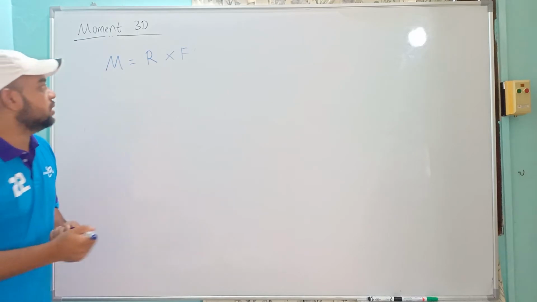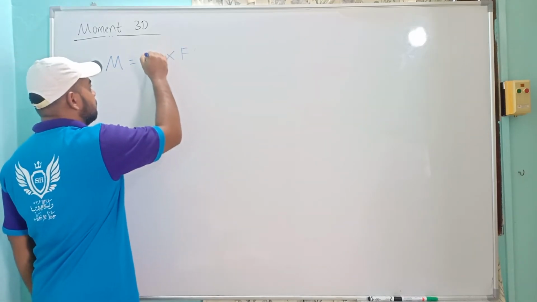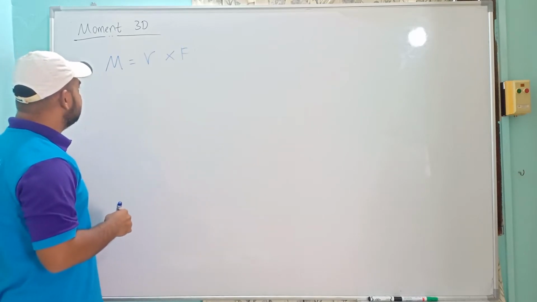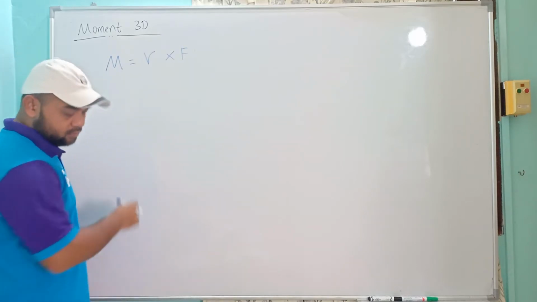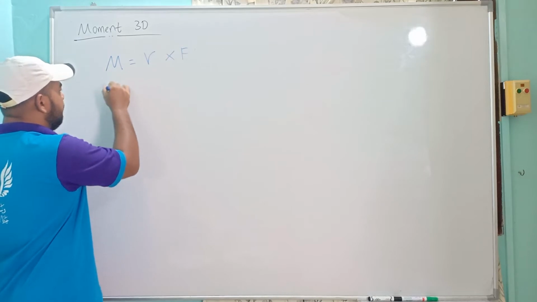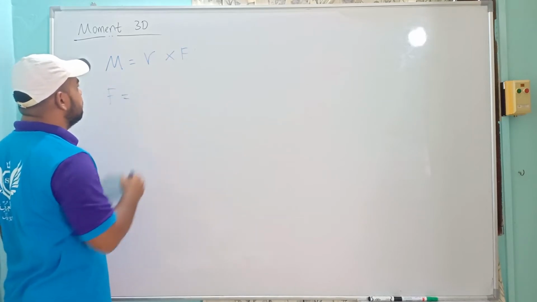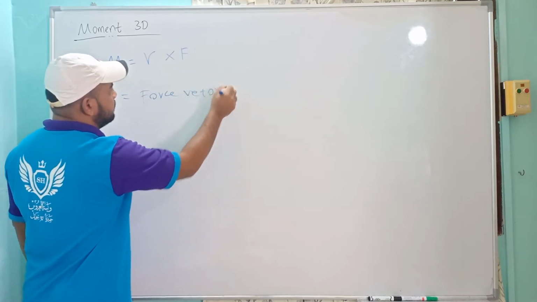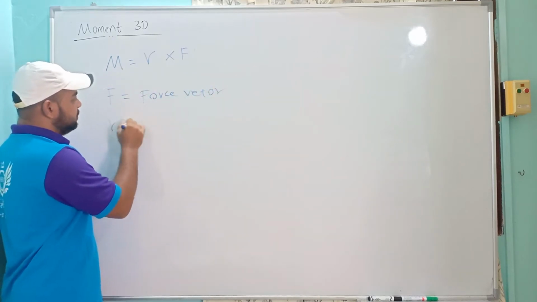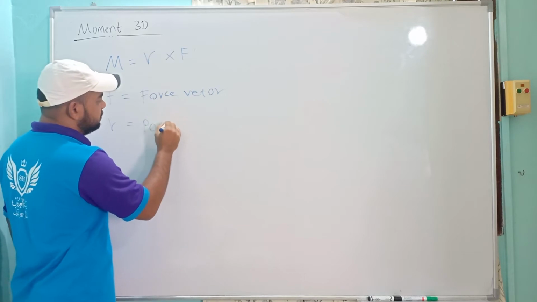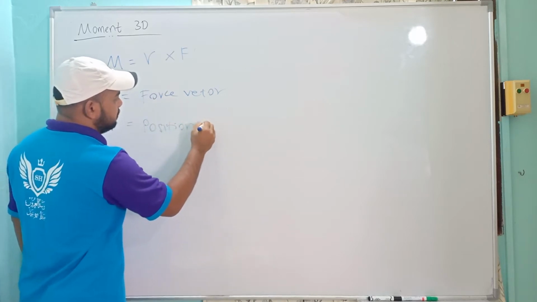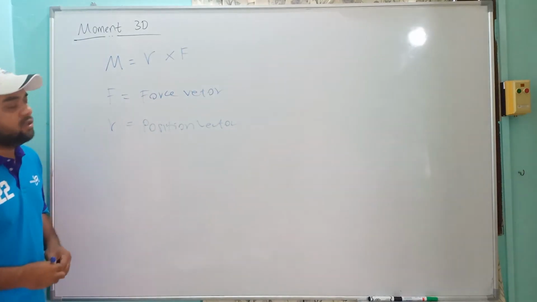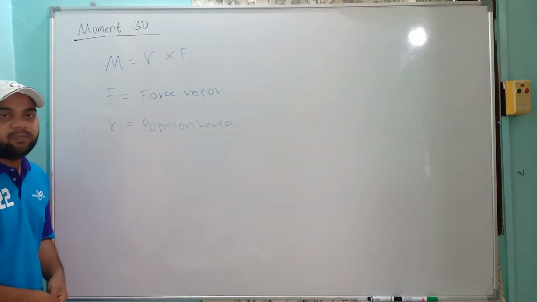Moment equal to R cross F, where F is the force vector and R is the position vector. The force vector F is the force in 3 dimensions, meaning Fx i plus Fy j plus Fz k, and R is the position vector.